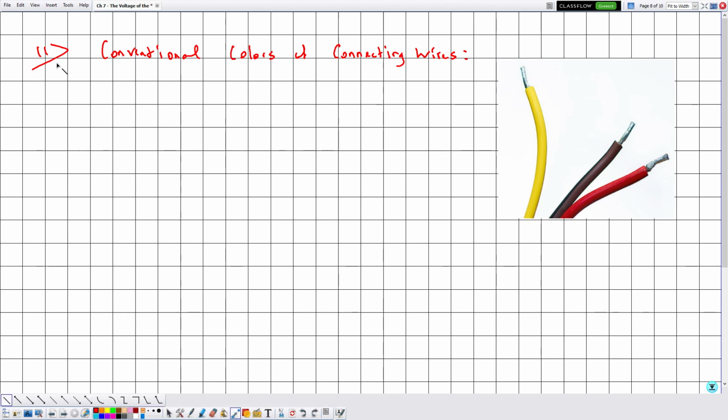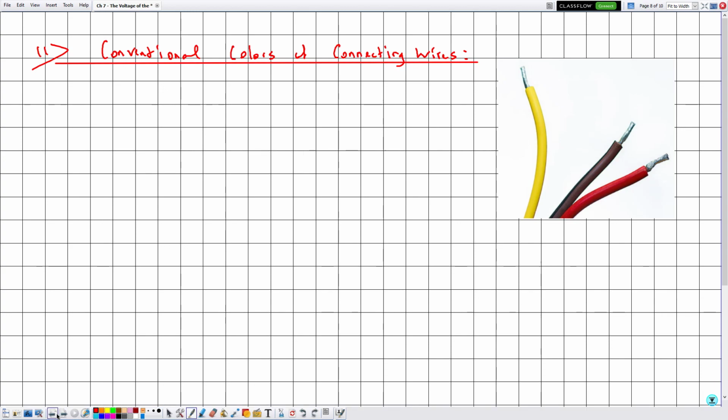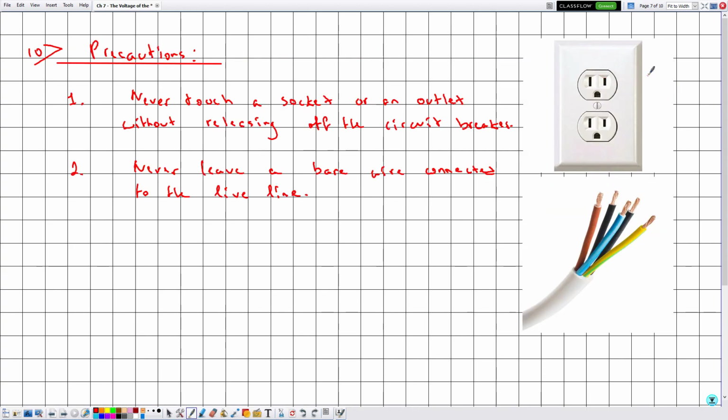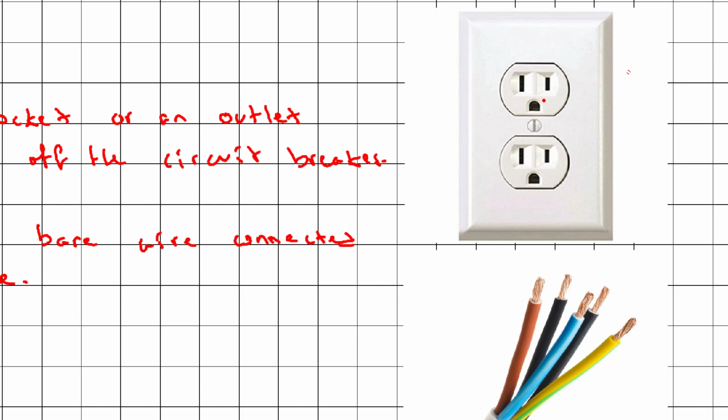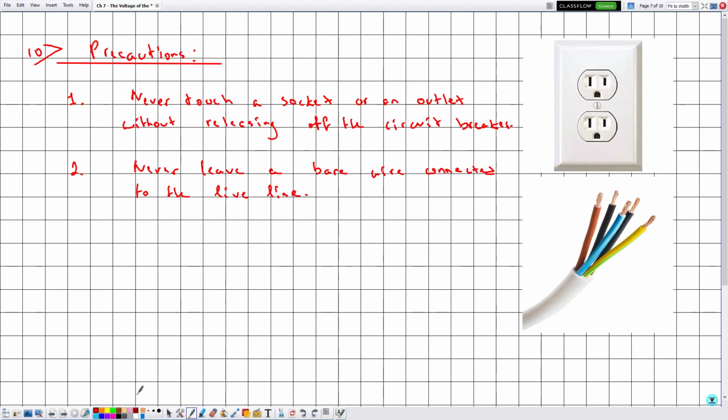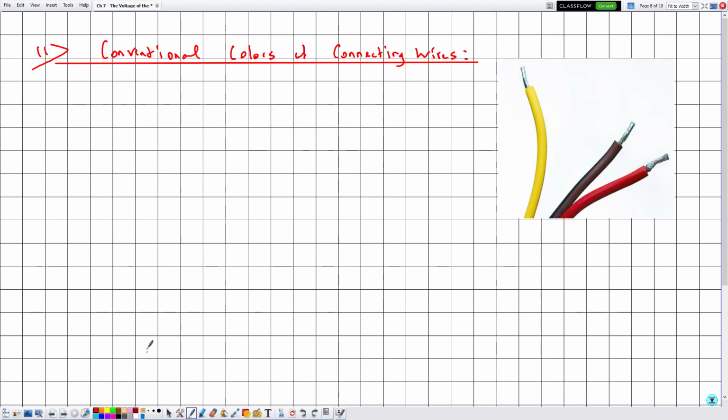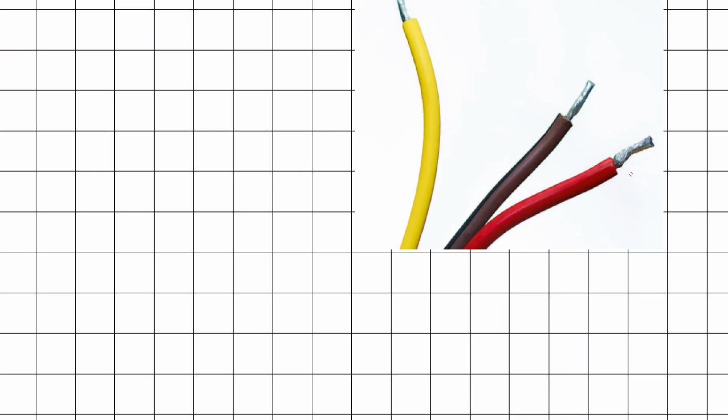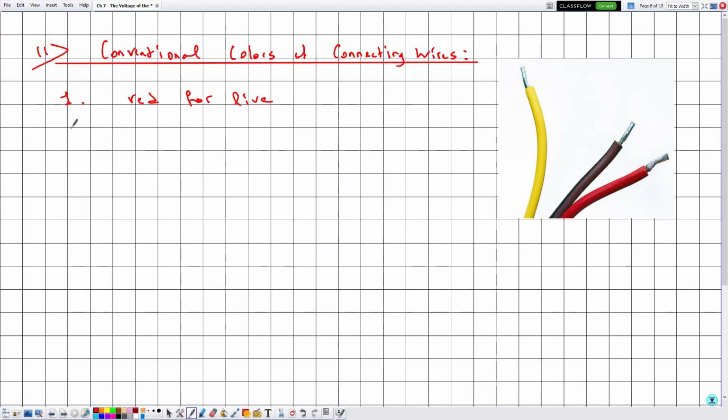In most of the cases, when looking across the wall outlet, we cannot observe the color of these wires, but if we open this box we can observe the wires, and referring to the color of the wires we can notice that the red color for live. Then in this case, this is the live terminal.